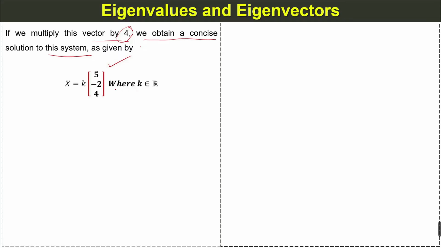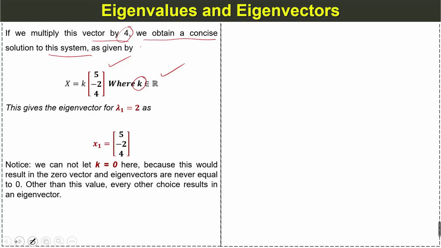Here we know that k belongs to the real numbers, and this gives the eigenvector for lambda 1 is equal to 5.